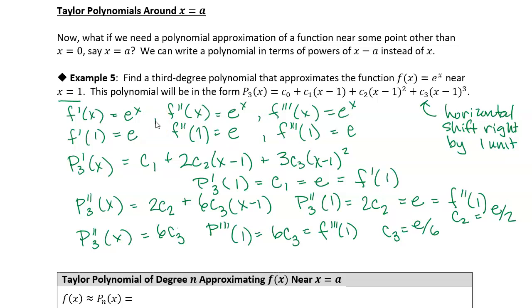Now we can write the polynomial P3 of x by going back to the original generic polynomial up here and substituting the c values that we now know.